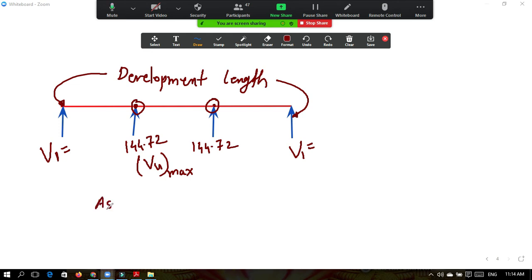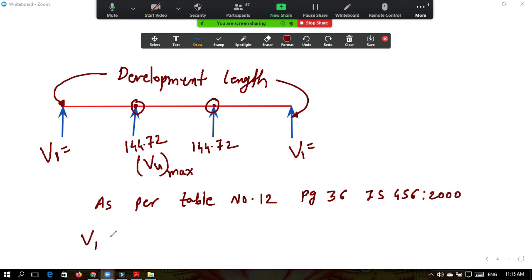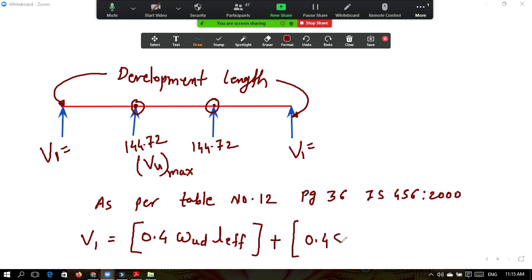So I can write, as per table number 12, page number 36, IS 456 2000, V1 is equal to 0.4, which is the coefficient for dead load. So WUD into L effective. This first bracket is for dead load plus this second bracket is for live load.